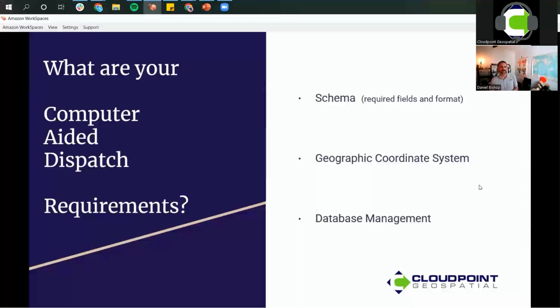Geographic coordinate systems are the computerized model of the Earth that we put those points onto within the computer. CAD software and NG9-1-1, more often than not, are using two different coordinate systems, so we need to make sure that we're transitioning between those two accurately. And then lastly, in this transition phase, database management.